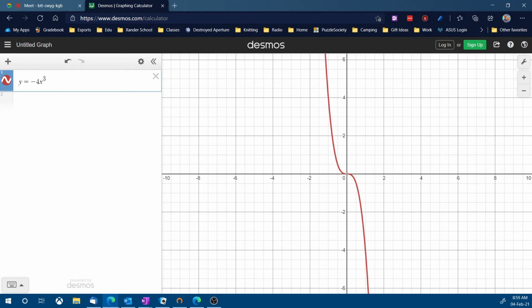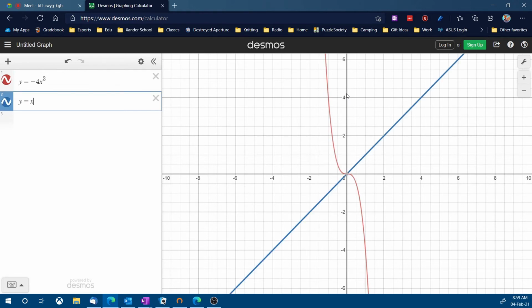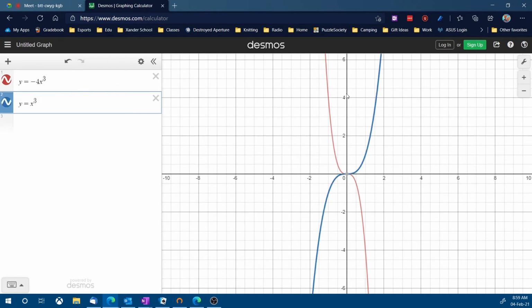All right, so as a frame of reference, I'm also going to graph the parent function, y equals x cubed. So does this graph look like it's stretched vertically or compressed vertically? Looks like it's a stretch to me because this blue one looks like it goes wider faster.